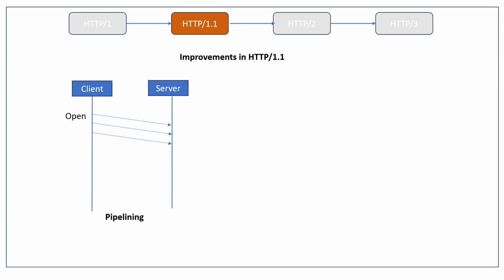But in pipelining, what is happening is that you can fire all requests at once. Now the server will respond based on how it is processing, right? So you don't need to wait for each response for each request, but you can just pipeline the requests in the queue, and then the server can respond as it processes them.